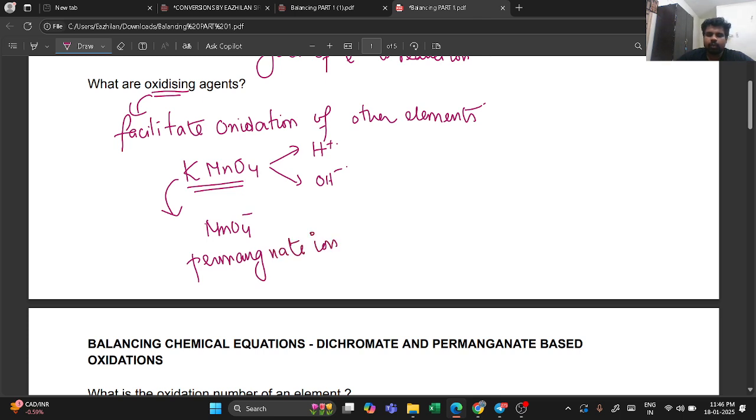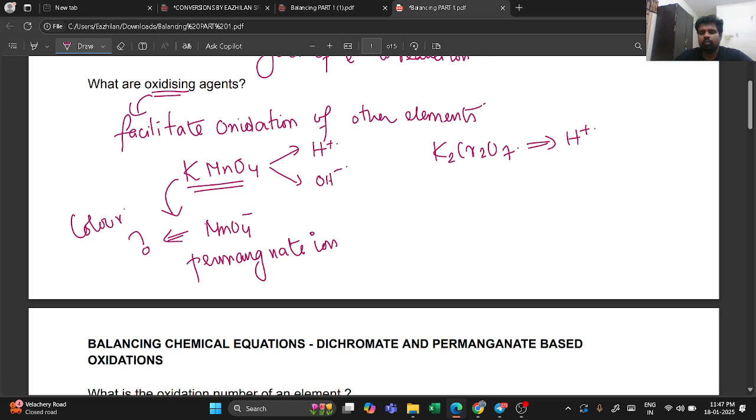So what is the color of this permanganate ion? You just post it in the comment box. Then another oxidizing agent specified in our book is potassium dichromate, K2Cr2O7. It also acts as an oxidizing agent, but mainly its action is confined to acidic medium only. That is what is given in our textbook. In alkaline medium it also furnishes oxidizing property, but the property is much more vibrant in acidic medium.